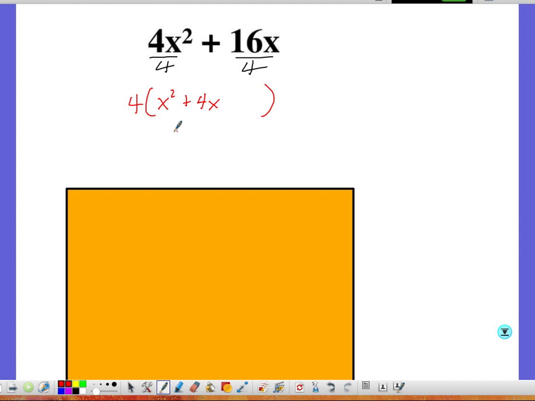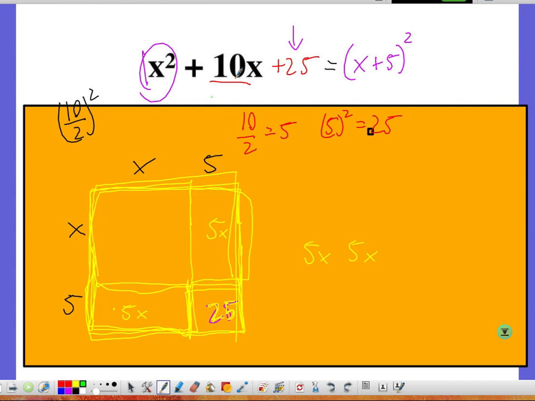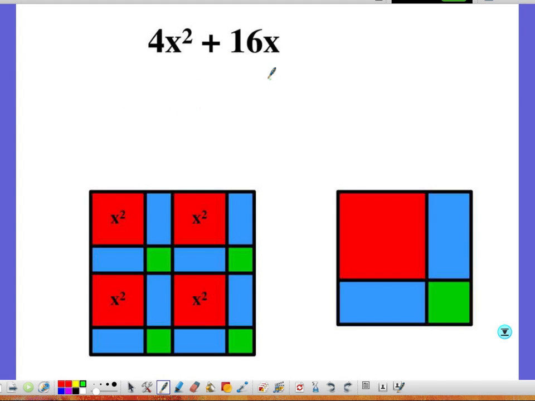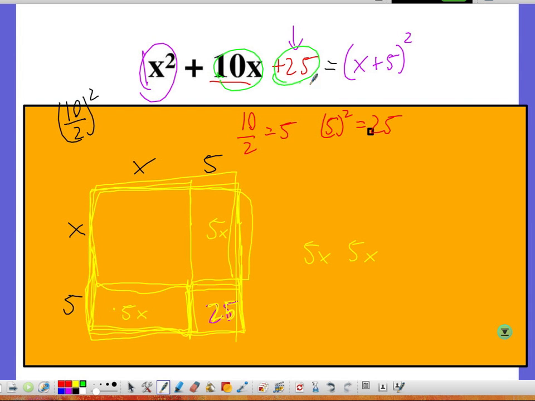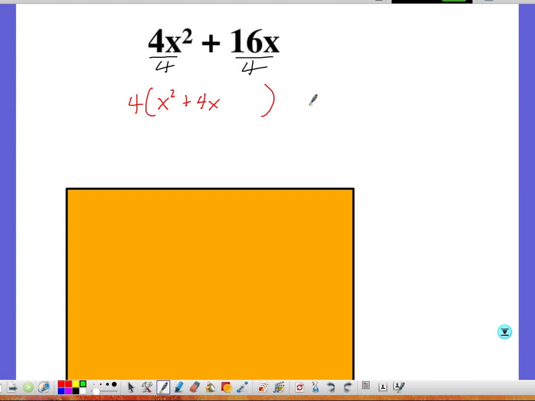Now, if you look inside the parentheses, that's what I've been working with in all the past examples. So now that I have x squared plus 4x, I can go ahead and complete the square, and then I can write the rest of the equation. So, how do I complete the square focusing inside the parentheses?